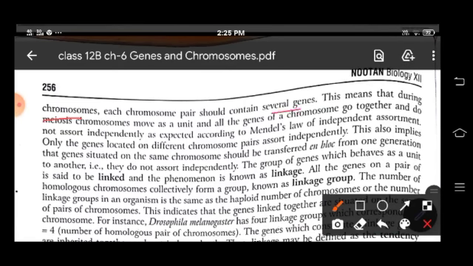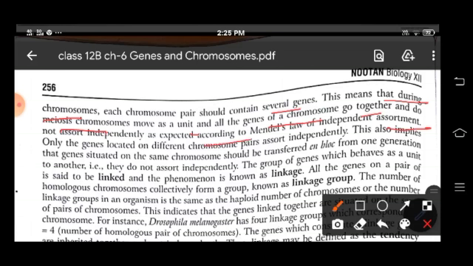It means that during meiosis, chromosomes move as a unit, and all the genes of a chromosome go together and do not assort independently as expected according to Mendel's law of independent assortment.